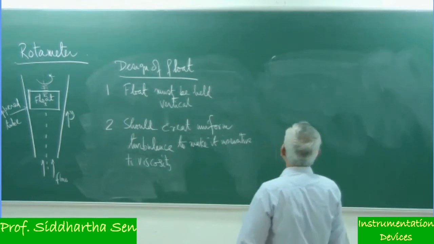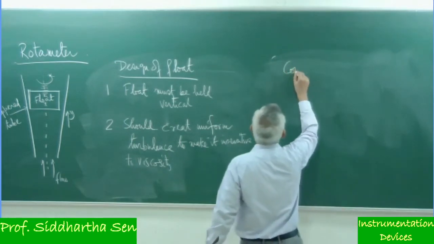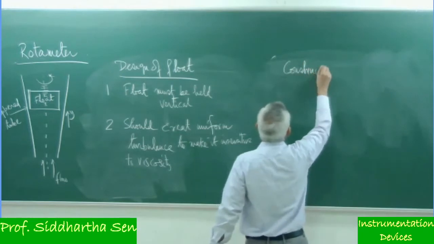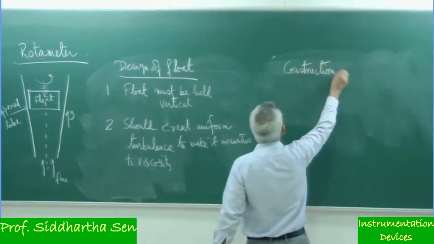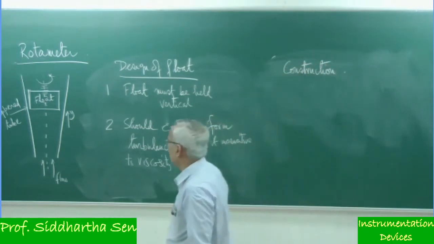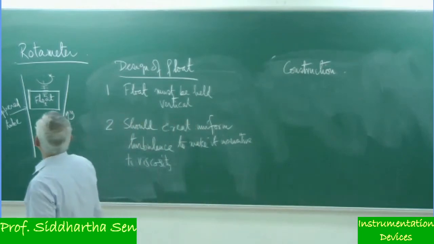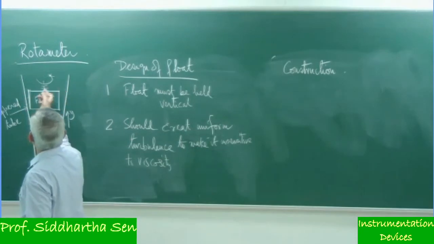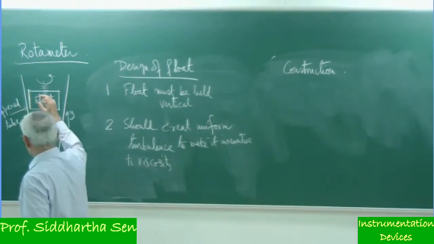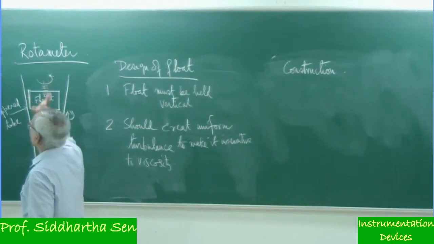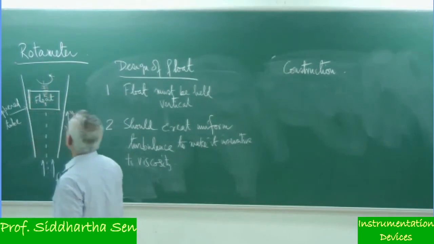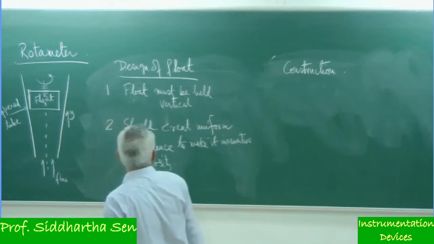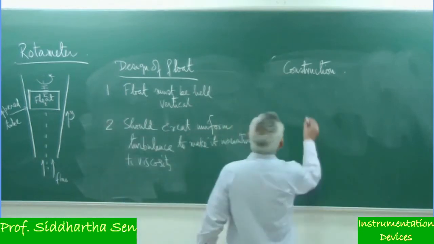So the construction is important. And possibly now you can understand why it is called rotameter: we design the float such that it rotates, and that's why we call it rotameter.